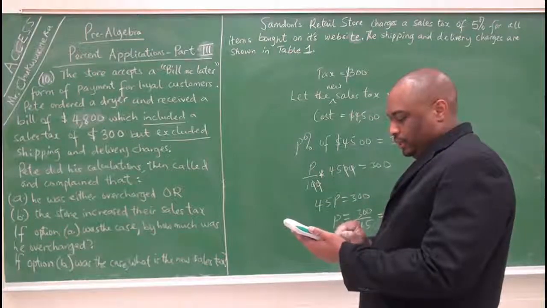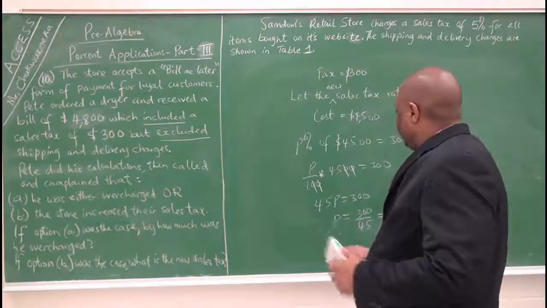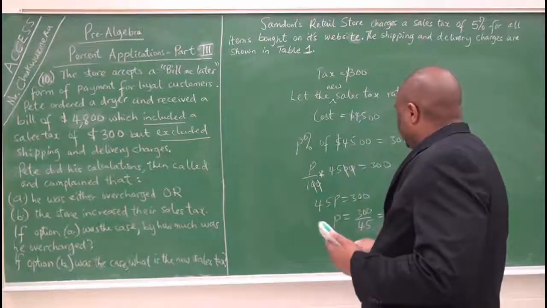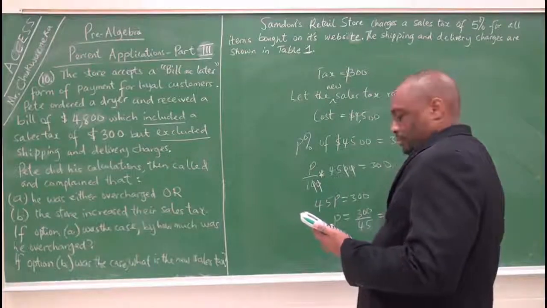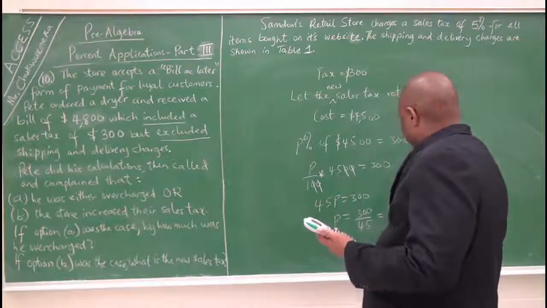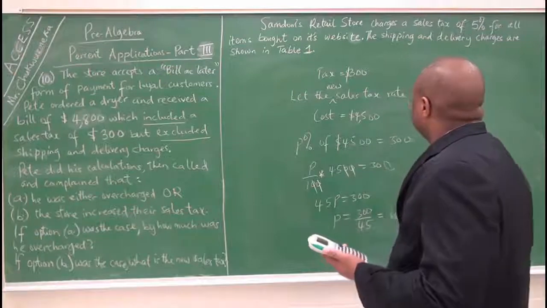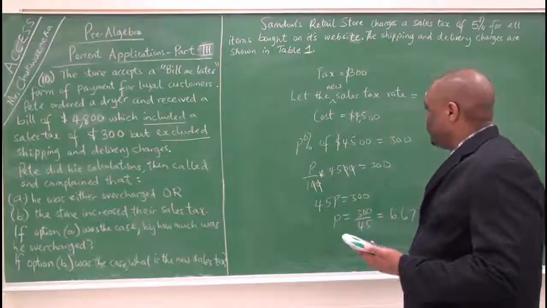So we do 300 divided by 45, right? And that gives us 6.67. So our P will be 6.67 because it's 6.666666.